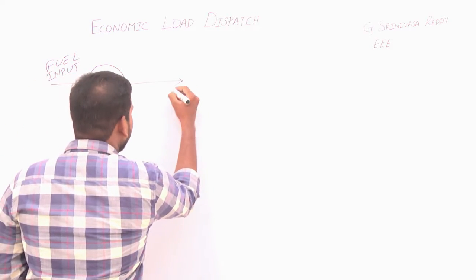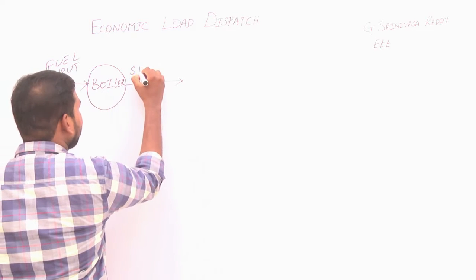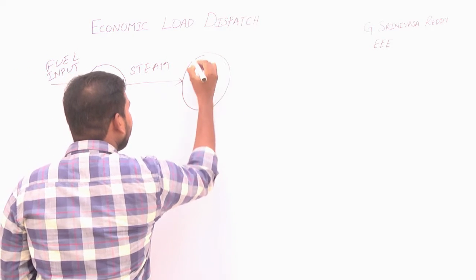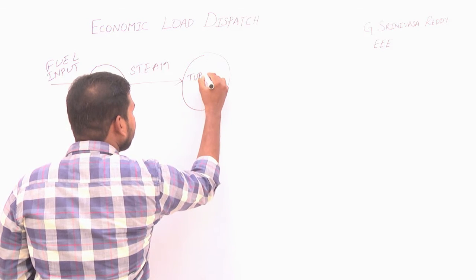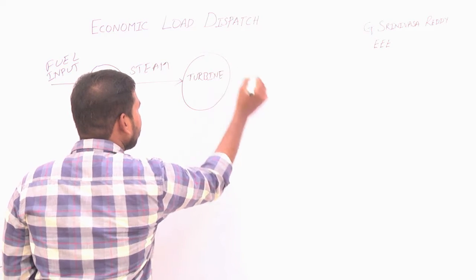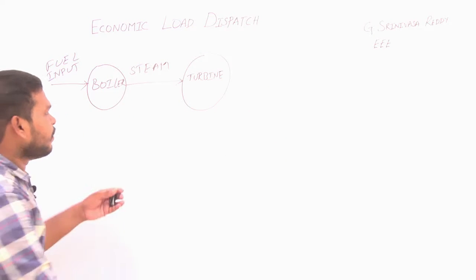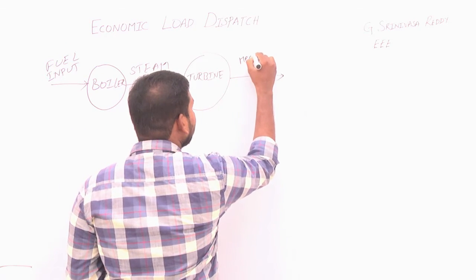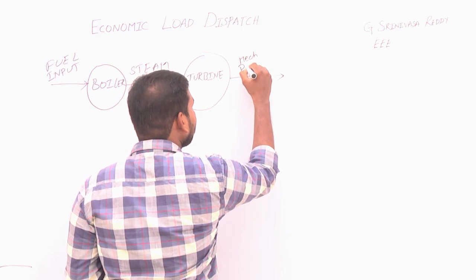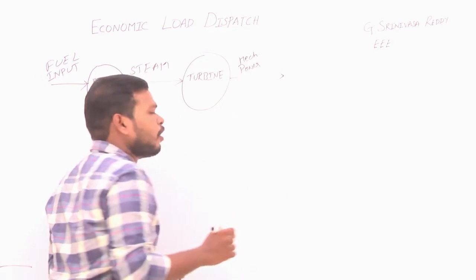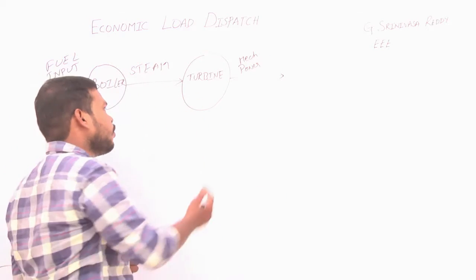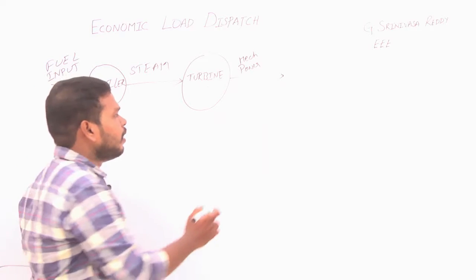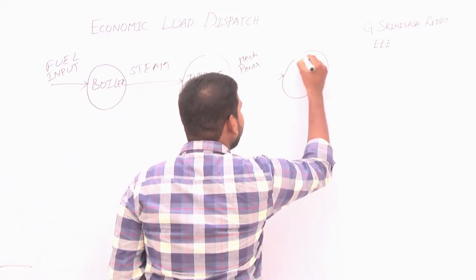From the boiler we get steam. That steam is given to a turbine. From the turbine we get rotation, that is, mechanical power output. The mechanical power that we have obtained is given to an alternator or a generator.